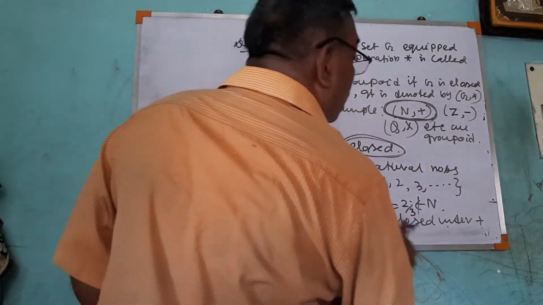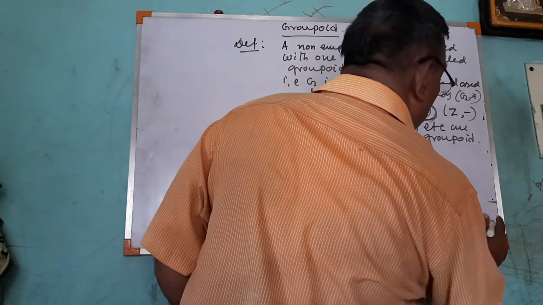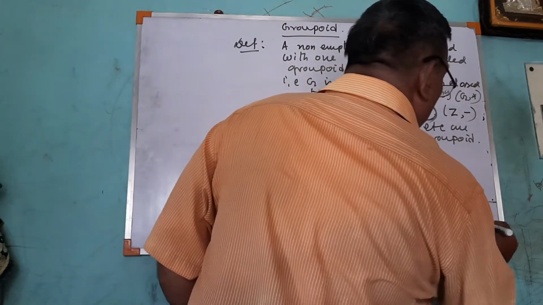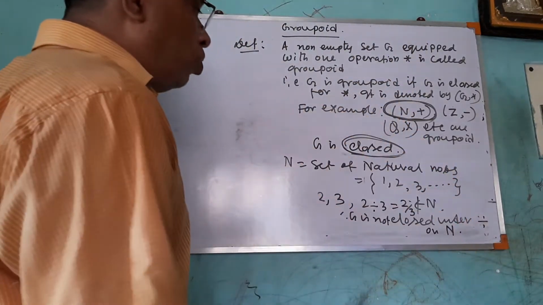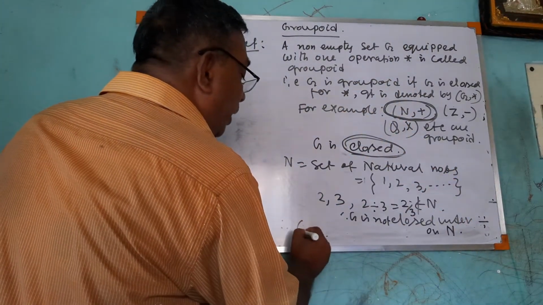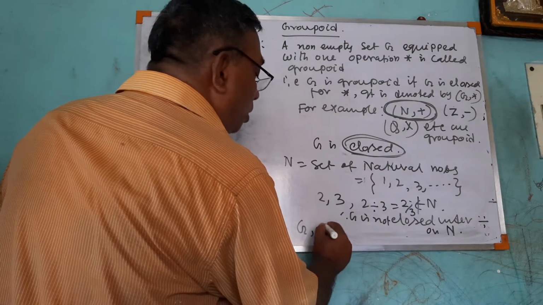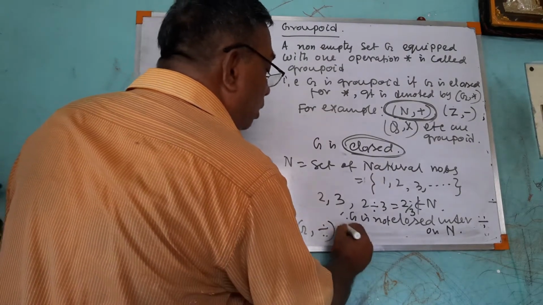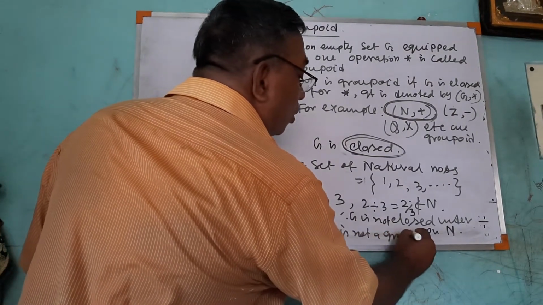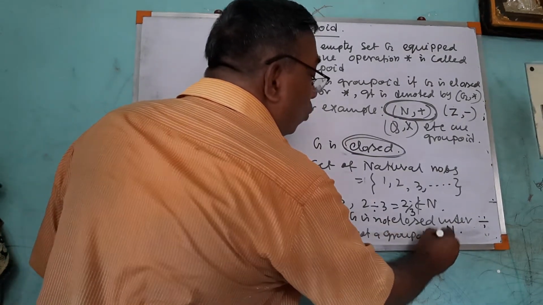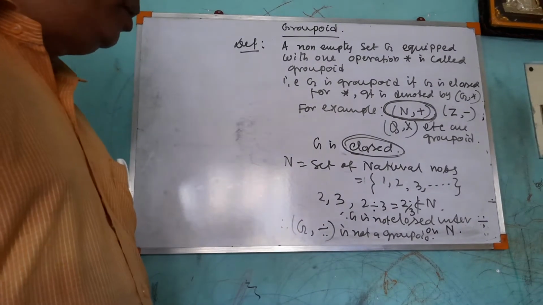Try to understand, G is not closed under division on natural numbers. Therefore we can say G with division is not a groupoid.